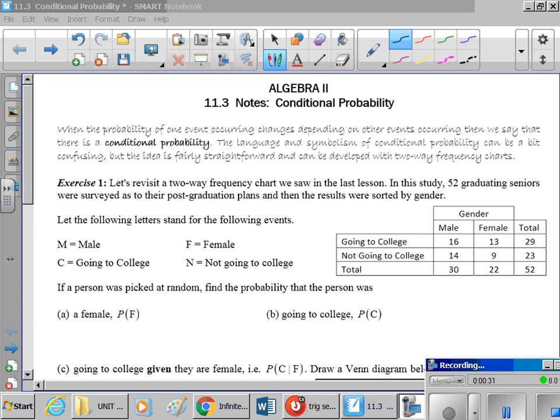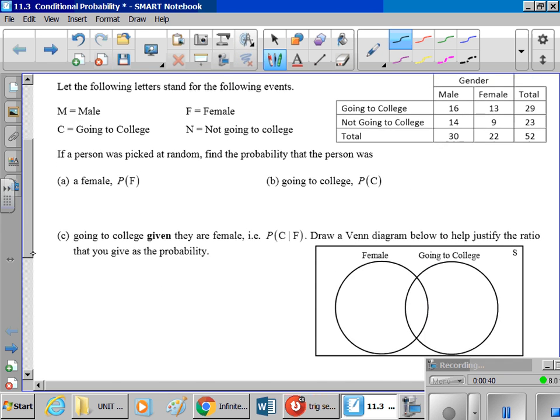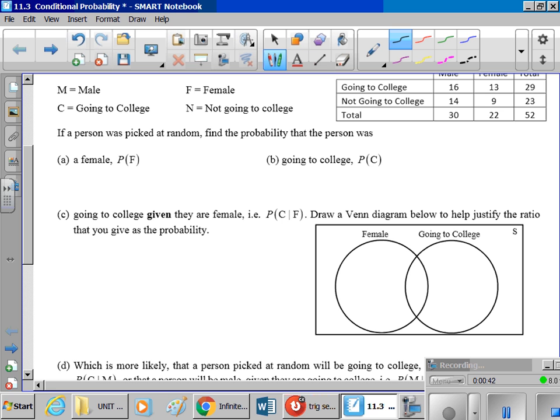So we're going to revisit this two-way frequency table about going to college and not going to college, males and females. And we're going to use the same notation with M being male, F being female, C being going to college, and N being not going to college.